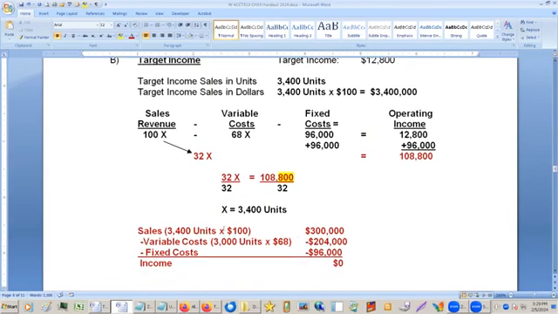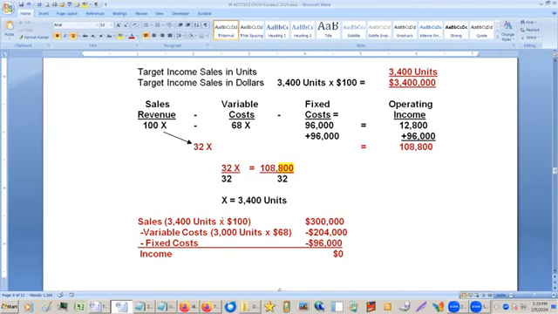Okay, so sorry. So adjusted. Okay, so this would be 400 units times 68. 321,200.